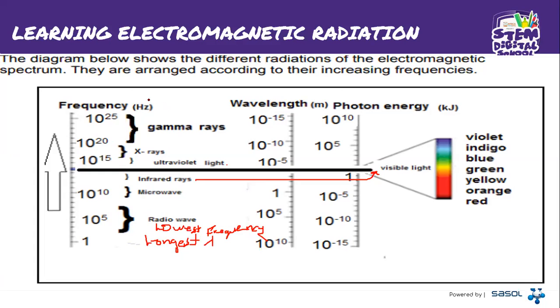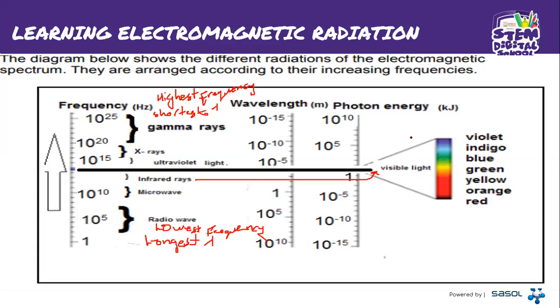And then gamma rays, they definitely have the highest frequency, but they definitely have the shortest wavelength. Remember that, my dear learners.